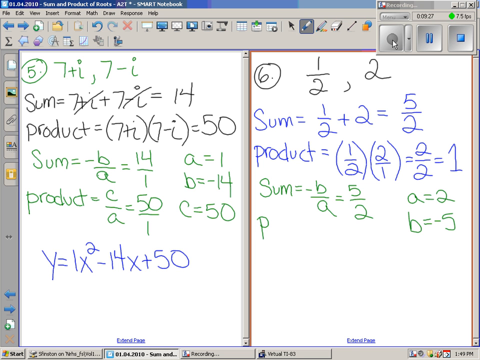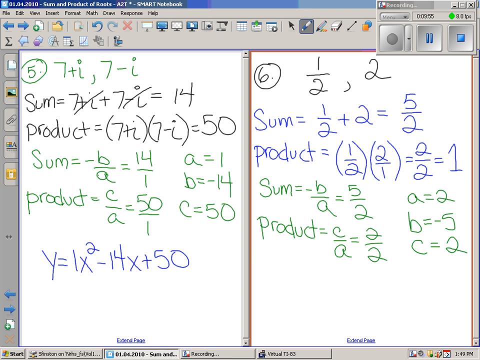Now let's do the product real quickly. The product is c over a. And here's what I mean by keeping it in fraction form. Take a look. Are you going to sub in 1 over here, or do you want to sub in 2 over 2? You want to sub in 2 over 2 because otherwise the bottoms won't match, and you can't really use it. So you sub in 2 over 2, and how much is c worth?